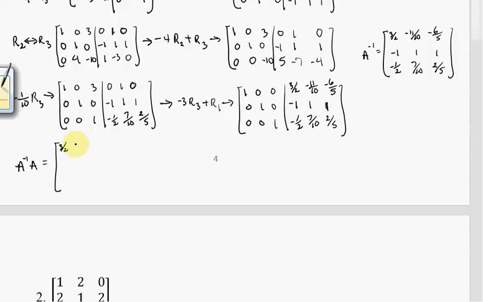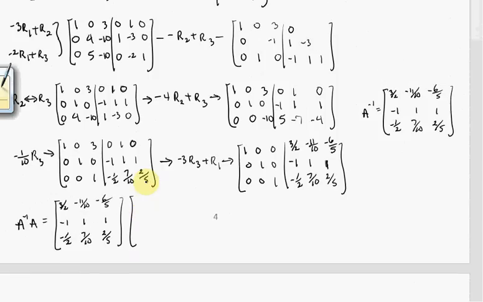3 over 2, negative 11 over 10, negative 6 over 5, negative 1, 1, and 1, negative 1/2, 7/10, 2/5.